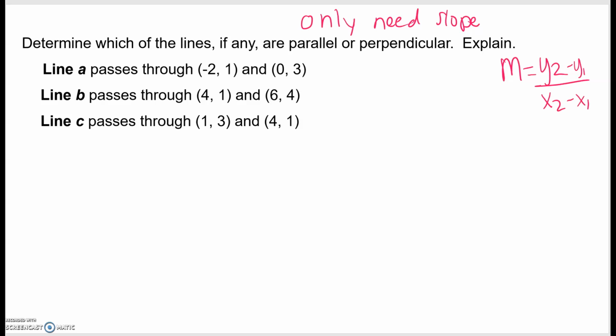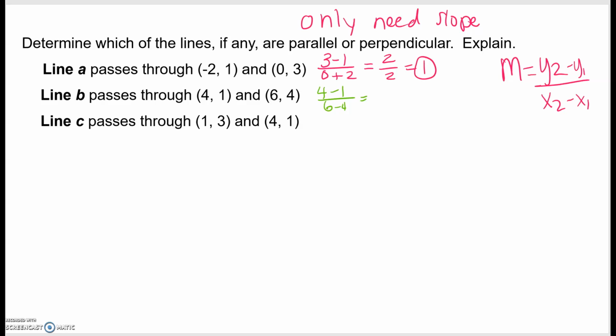So for my first one, I have 3 minus 1 over 0 plus 2, because I have a minus and a negative. So for this first slope, I have 2 over 2, which is 1. My second slope, right here, second line, I have 4 minus 1 over 6 minus 4. And I'm going to simplify.